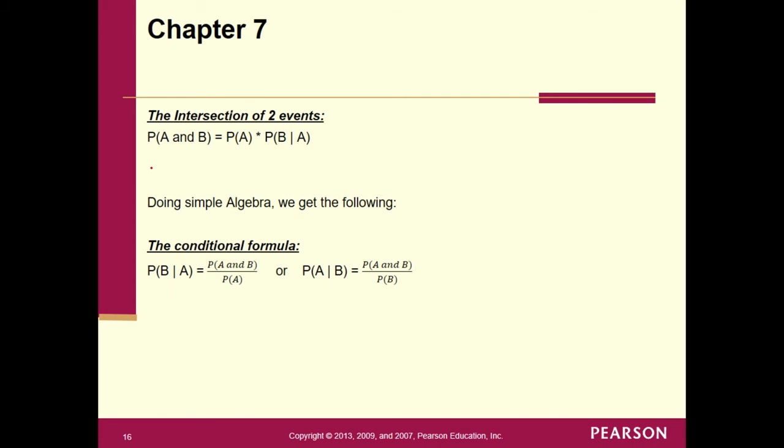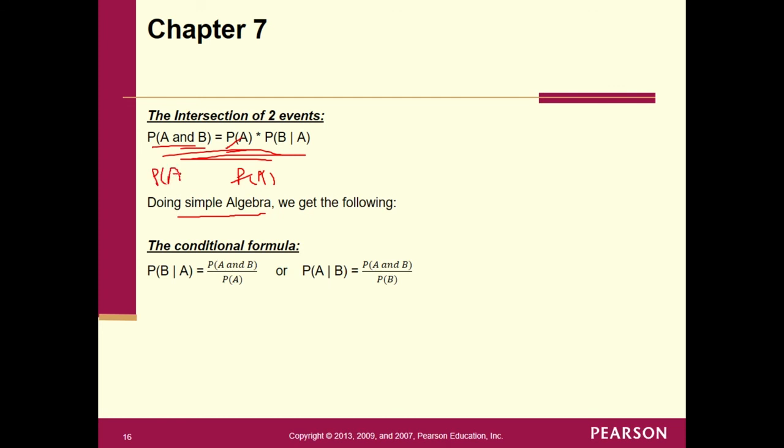So if we start with this, and we do some simple algebra, we can now have a formula for the conditional. In other words, the probability of B given A: if we divide both sides by the probability of A, these cross out, and then divide by the probability of A over here.